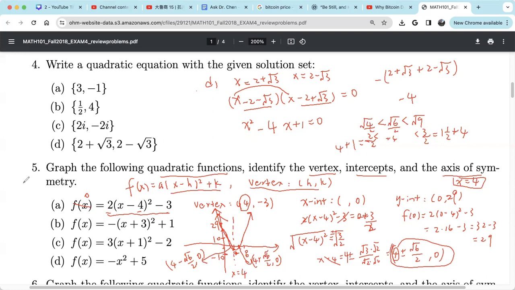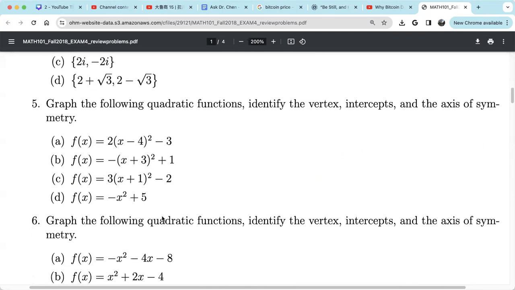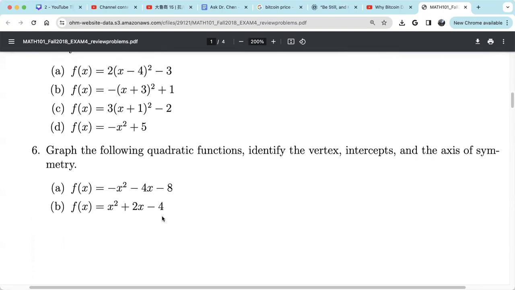Okay, let's do the same thing for b. So for b, let's figure out the vertex first. Vertex (h, k), x minus h.